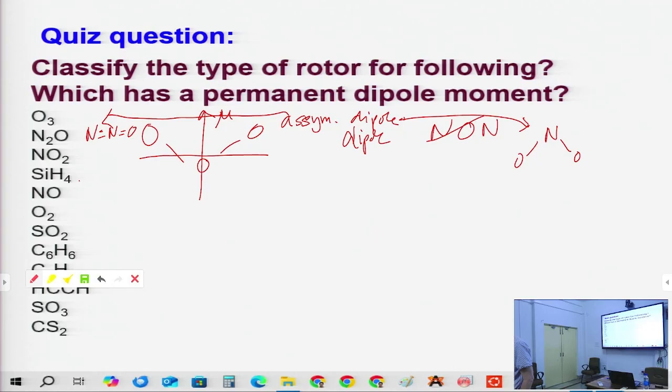Symmetric top is the same everywhere. If you have a football, it's completely spherical. This is like that, so there's no dipole. So similar to methane, right? This is basically like methane. The same structure. So symmetric top, no dipole. Okay.